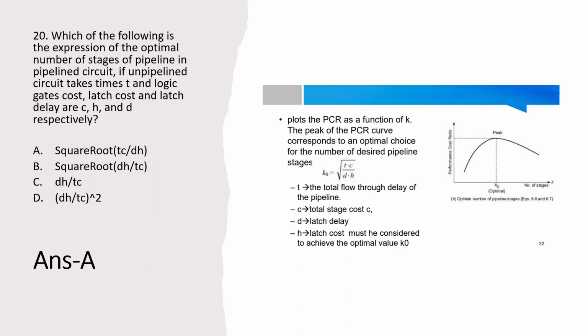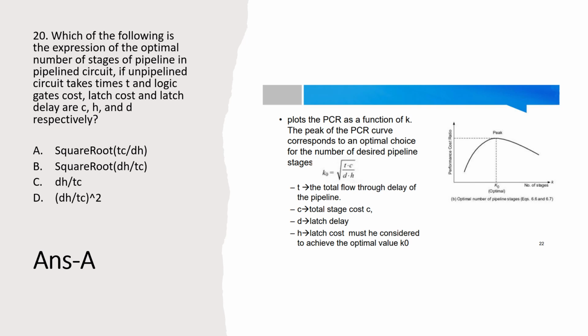Here in the figure you can see this optimal k0 is at the peak. There is a graph, and in the picture you can see it has one peak point. The y axis is the performance cost ratio, and the x axis is the number of stages, and the graph has been made for these two parameters.